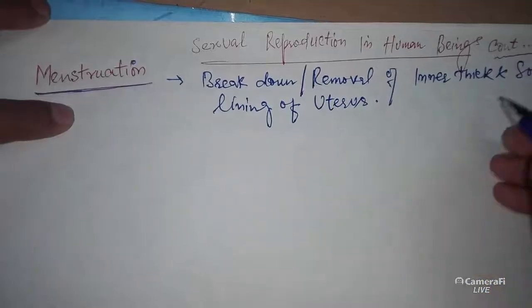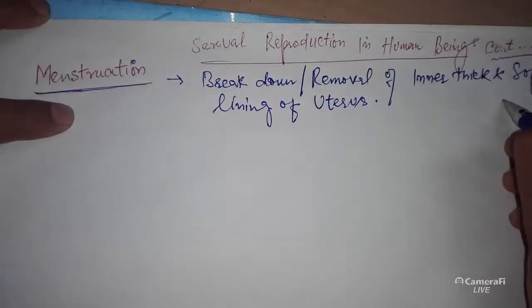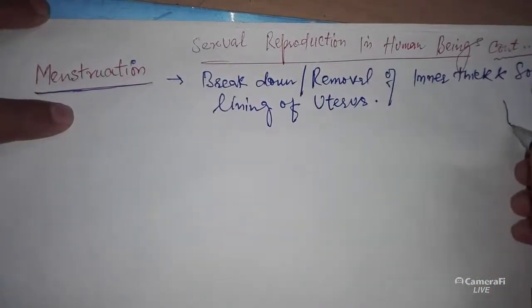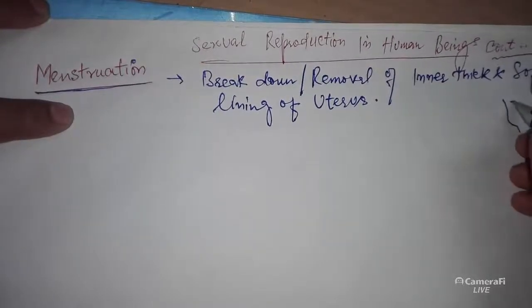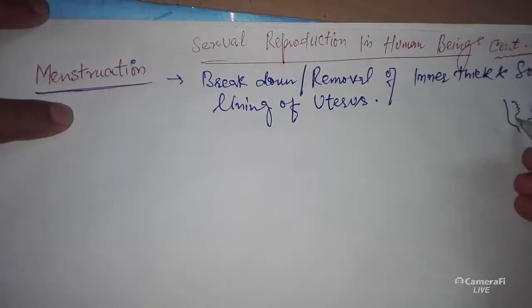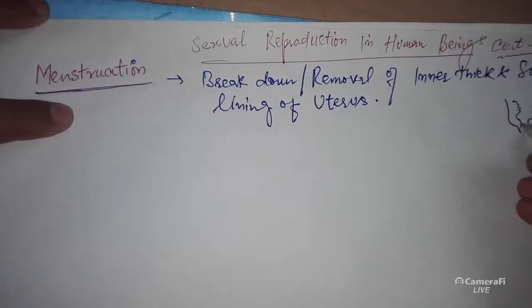So we know the shape. In the last topic we came to know about the shape of the uterus. Here the inner lining of the uterus periodically becomes thick.